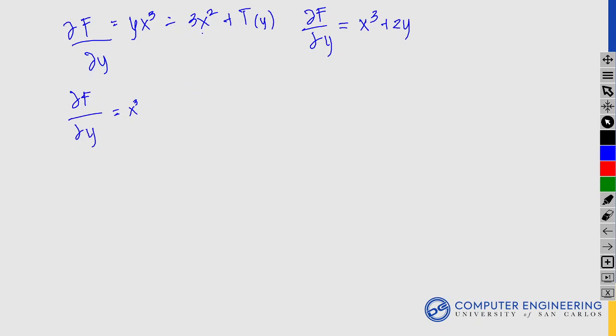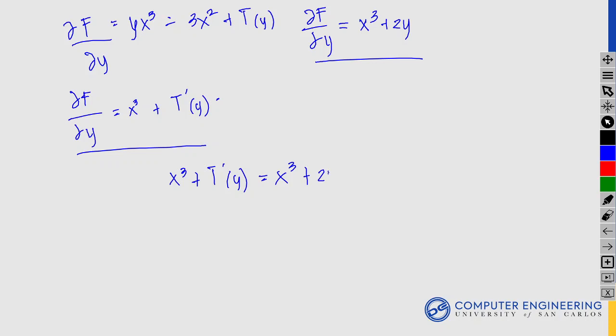And since this is a constant, the derivative of a constant is 0, we now have t prime of y, since we assume this to be a function, t differentiated with respect to y. Using this and this, we can solve for t prime of y. If we equate these two polynomials together, we have x cubed plus t prime of y equal to x cubed plus 2y.